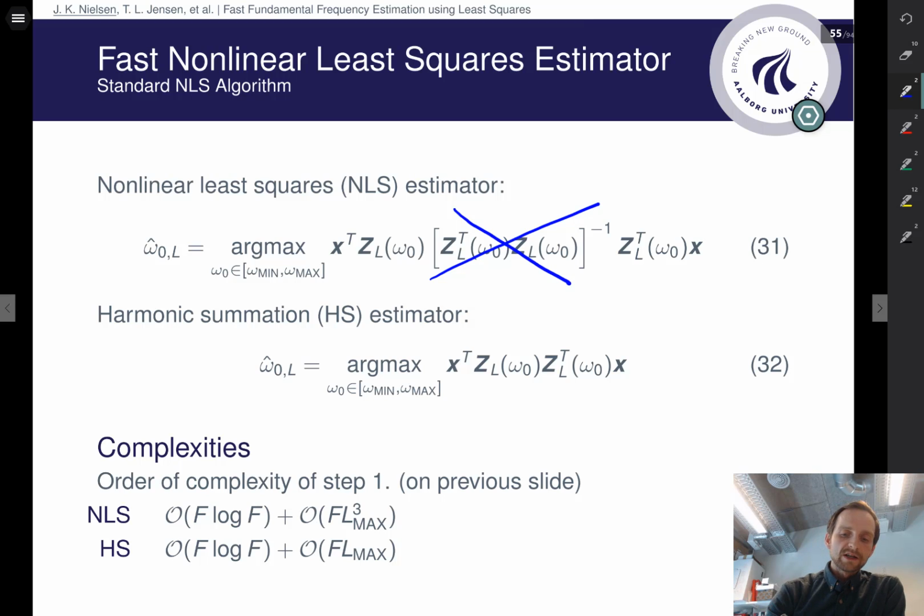And if you look at this inverse here, it will converge to something like this as n grows. So when n is big enough, removing this part from 31 is a fairly good approximation, and that explains why harmonic summation behaves as well as NLS in some cases.